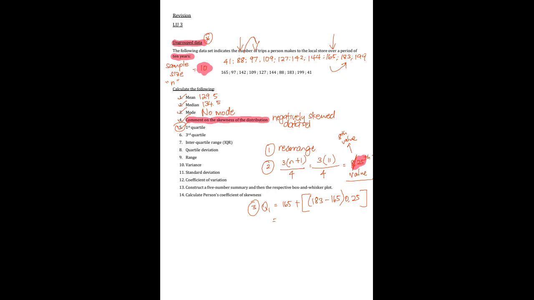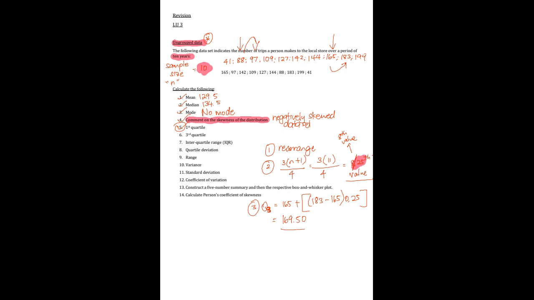Okay, so 169.5 is your Q3. I don't know why I'm writing Q1 here. That's why I got confused in the answers. So 165 plus 183 minus 165 times 0.25, and that gave you 169.5. So that was your third quartile, which we are now done with.